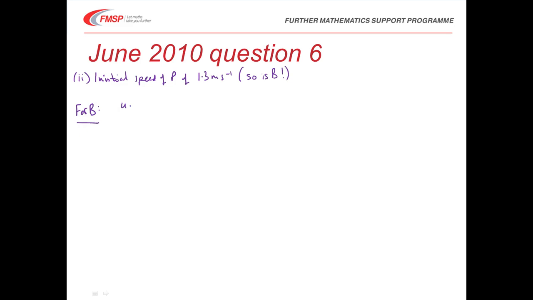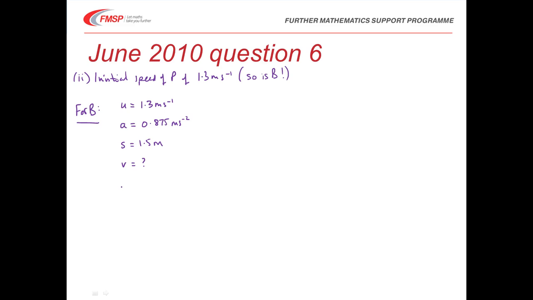I know that its initial speed, same as P, is 1.3 meters per second. Its acceleration, which we found in the previous part of the question, is 0.875 meters per second squared. And it will have gone 1.5 meters. We'd like to know, how fast is it going now? Because that'll be the speed which we need for the second part of the calculation.